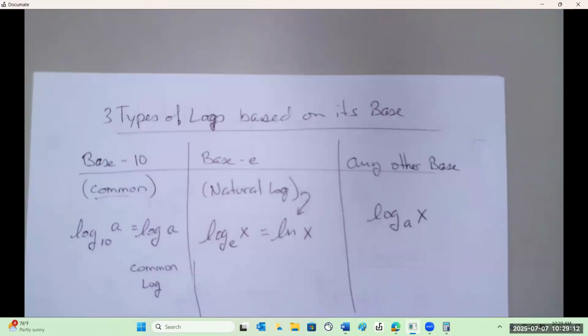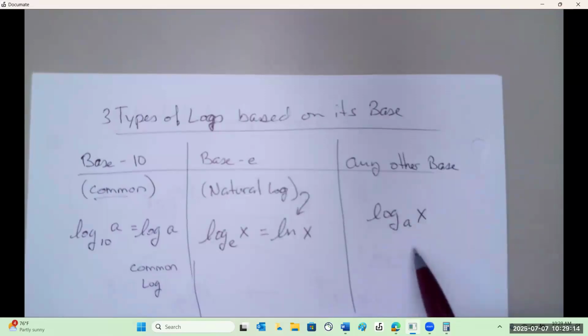So that takes care of base 10 and base e equations. What about any other base? How do we solve those?